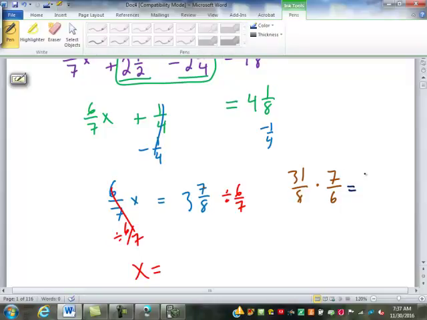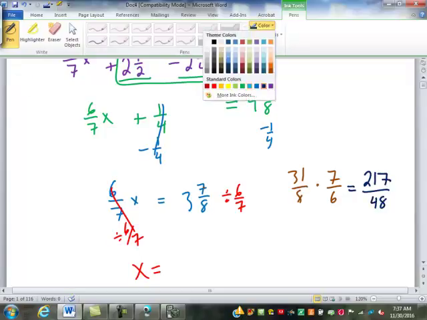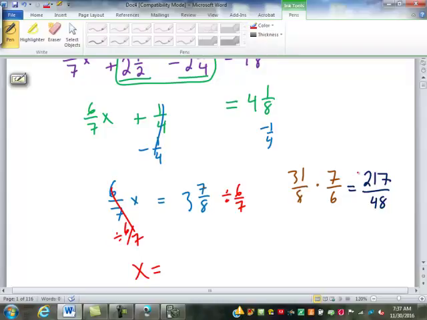So 31 times 7 is 217. 8 times 6 is 48. And that will reduce to 48 goes into 217 4 times with 25 48ths left over, I believe. Anybody get that answer? That one was kind of ugly.